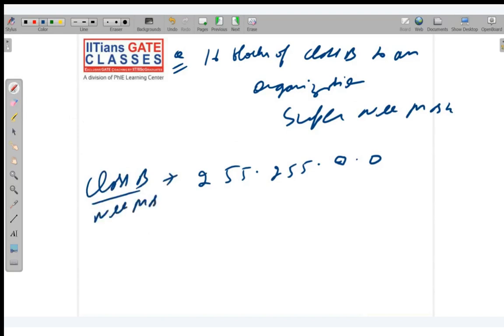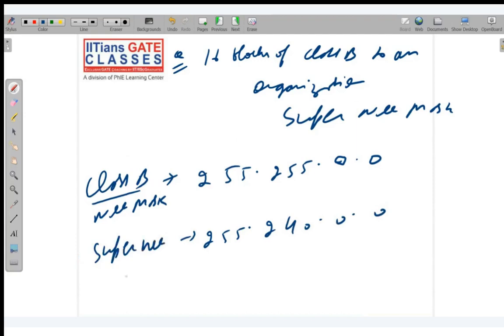Now what are they demanding? 16 blocks. 16 blocks means 4 bits you will borrow. 4 bits means you will subtract 15 from here. So what will you get? 255.240.0.0. So it will be the supernet mask.